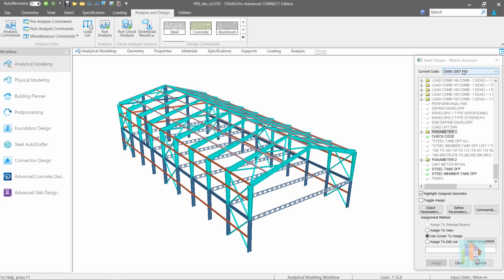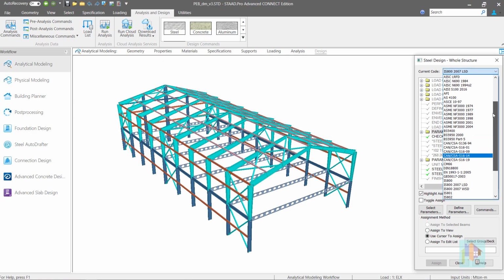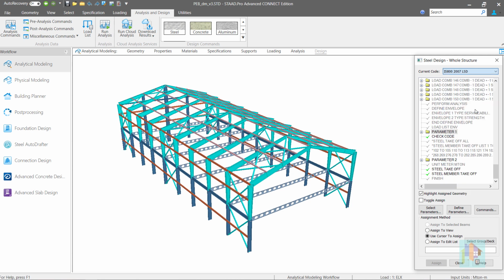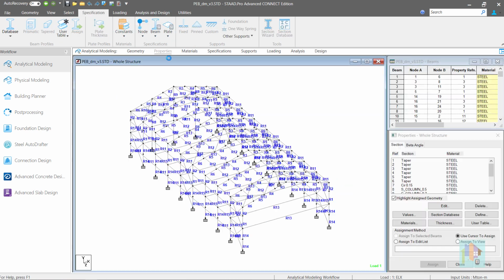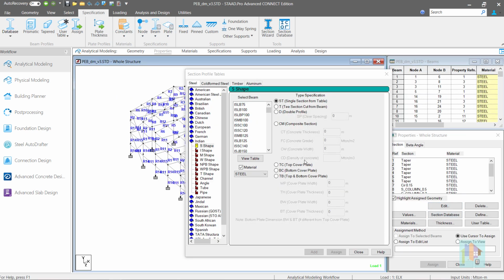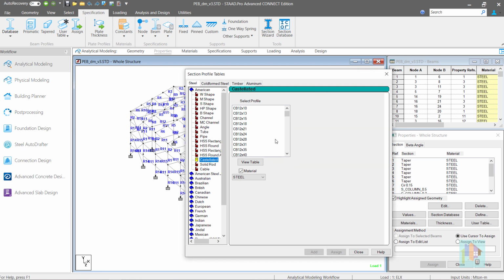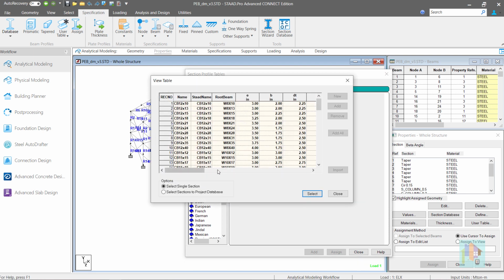In STAAD, AISC ASD 1989 code is available which can perform castellated beam design. Also, we can assign symmetric castellated sections which are available under the US rolled steel database. Note that design is performed only for moment about major axis and shear along the web.